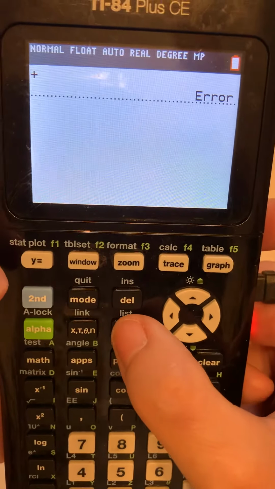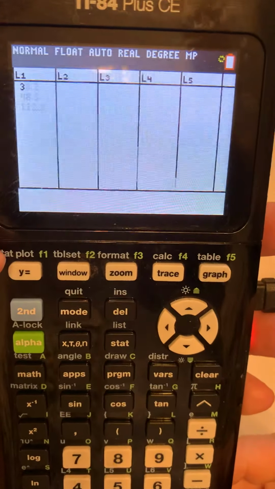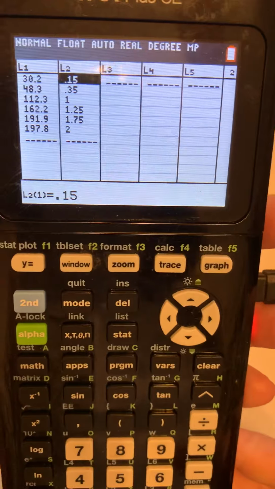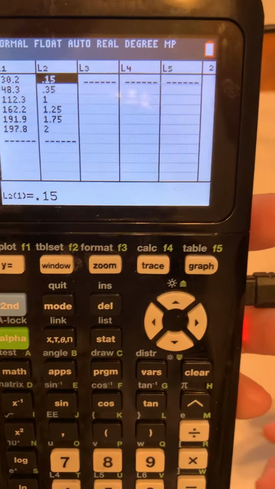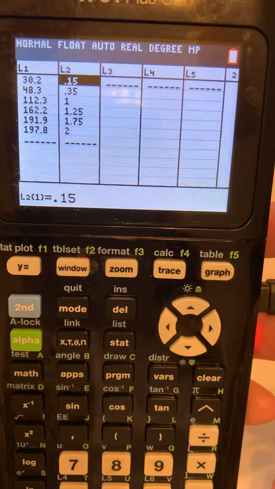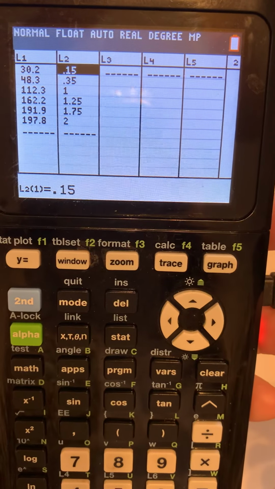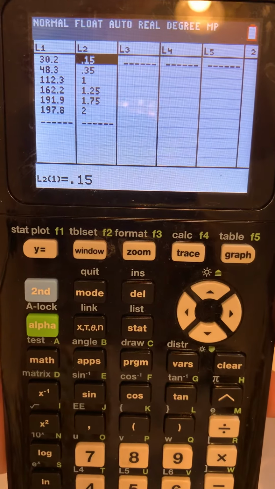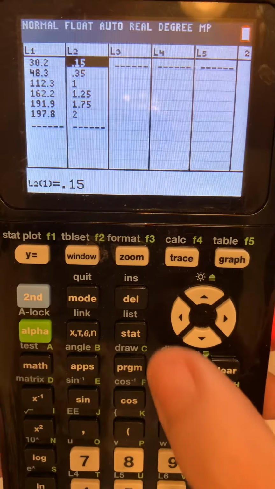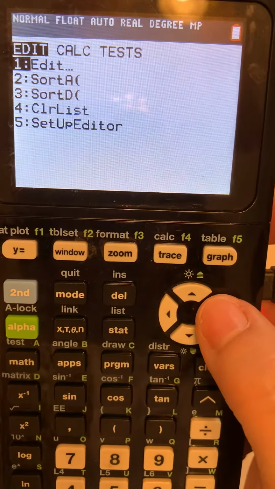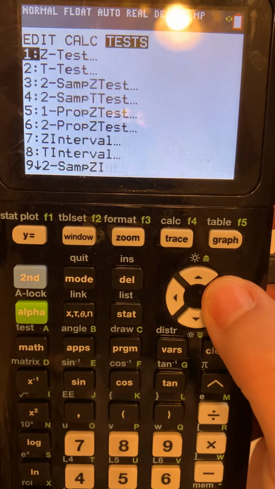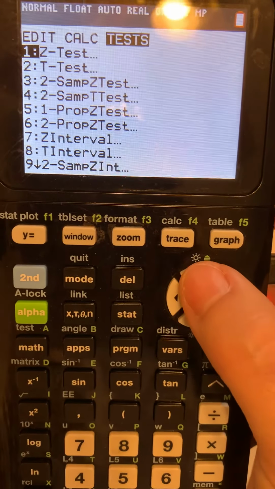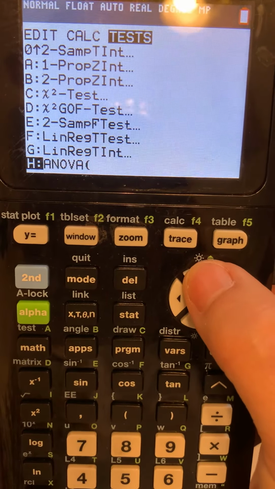I'm going to go to Stat and Edit, and you'll notice under L1 I have put the CPI. Under L2, I put the cost of a slice of pizza. So they are in there. Next, I'm going to go to Stat, then over to Tests, and scroll up to get to it.